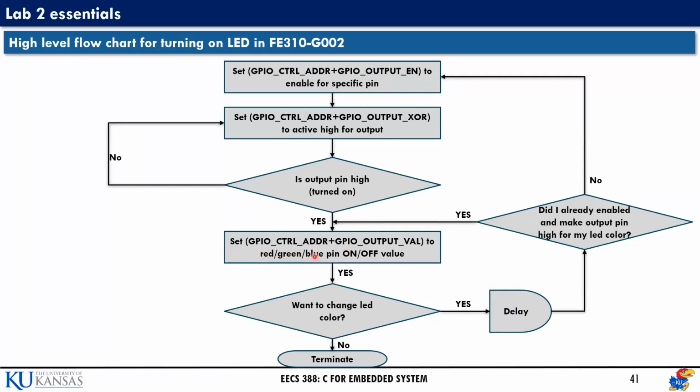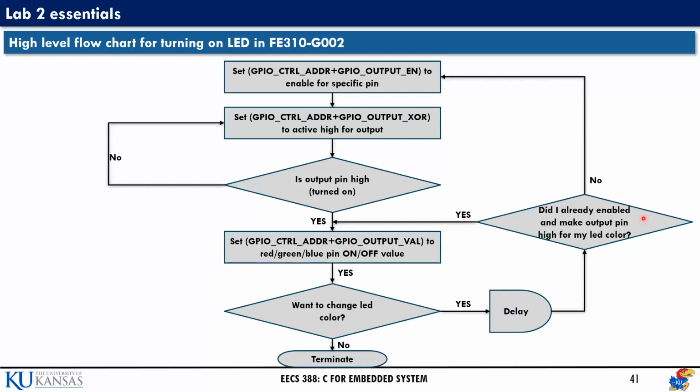If you only enable the LED for red, but you change the output value for green, it will not work. So that's why the question is, did I already enable and make output pin high for my LED color?